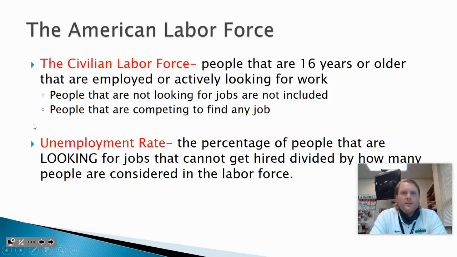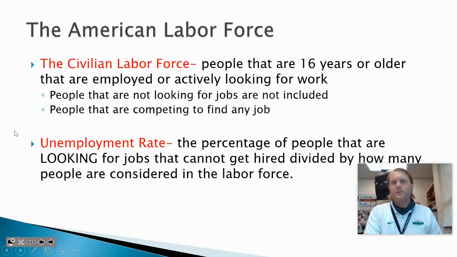Okay, so let's get started here. We're talking about what is referred to as the civilian labor force today. That's basically the people you're going to compete for jobs against. Certain people aren't part of the labor force. Notice that we're only talking about people that are willing and able to work. That's going to disqualify, so to speak, retired people. It's going to disqualify people that are too young.